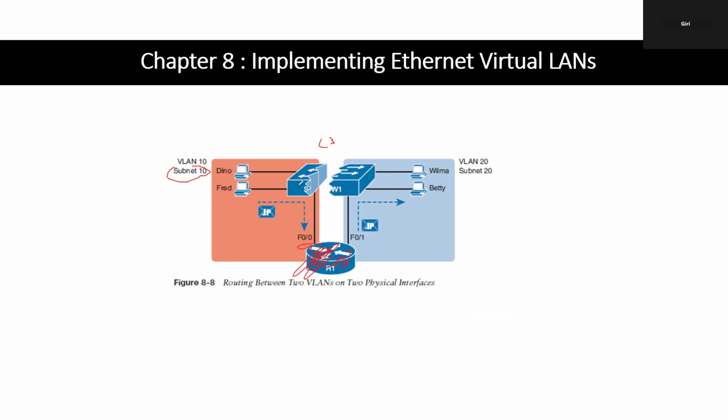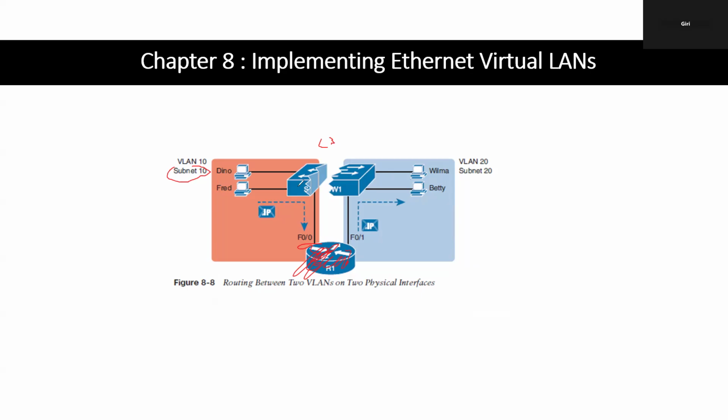Now the switch says, hey, the packet goes from layer 3 to layer 2. Now I'm going to forward that frame only to the port that's dedicated for VLAN 20. I'm still not tagging anything, because tagging comes from the concept of trunking.